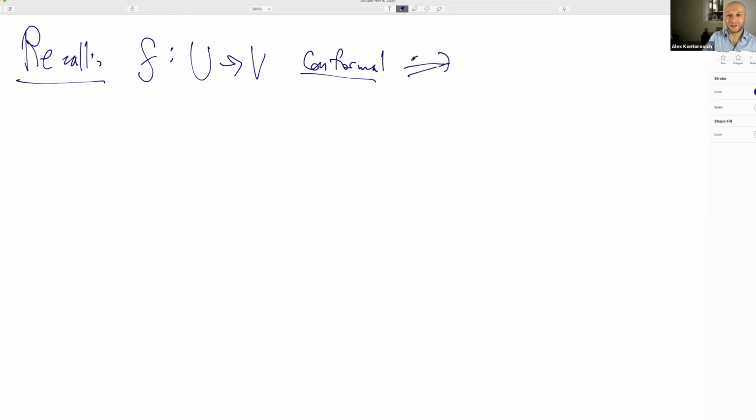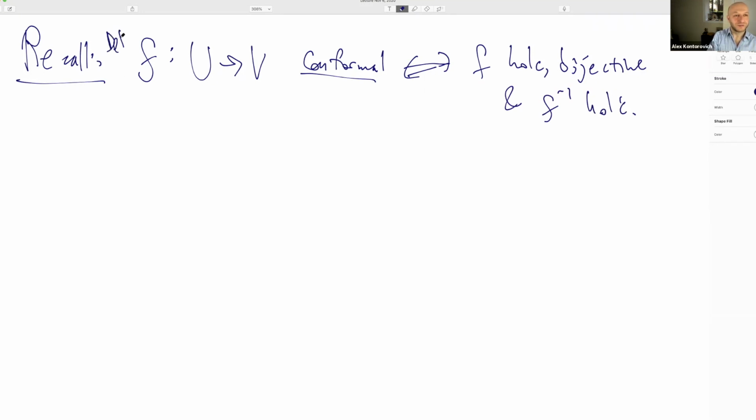If F is holomorphic and bijective, which means it has an inverse, and the F inverse is holomorphic. That's just the definition. And U and V are conformal if there exists such an F.